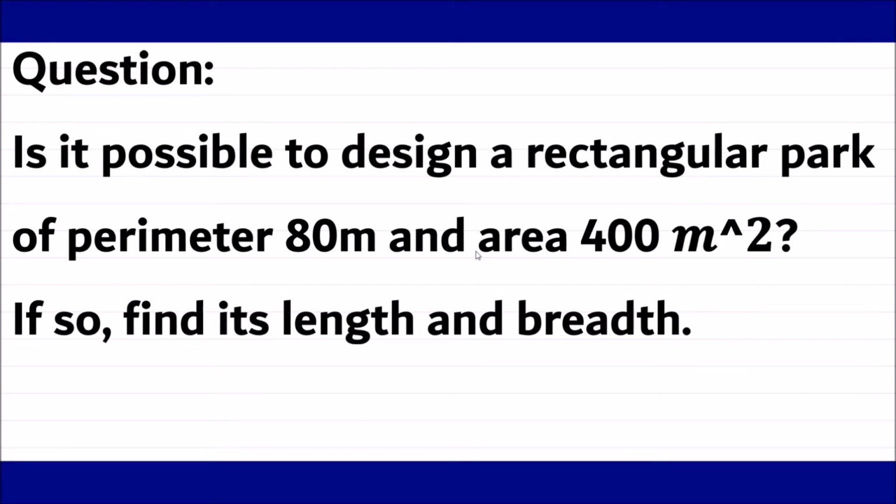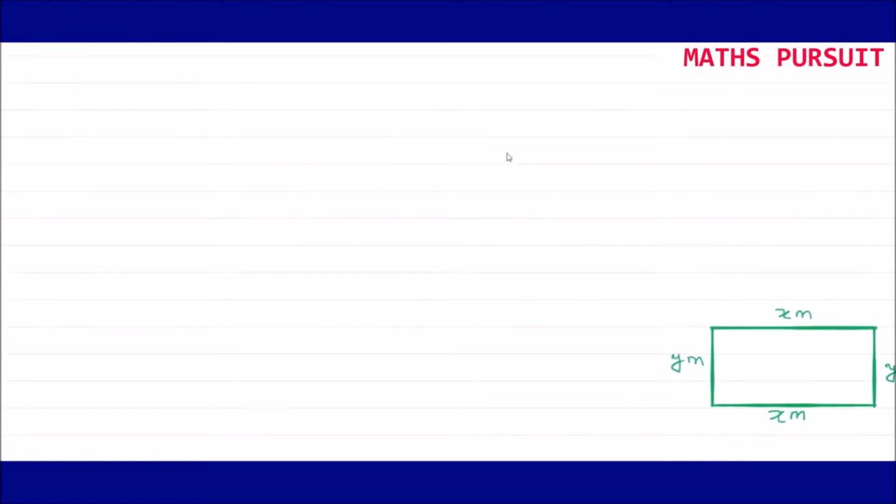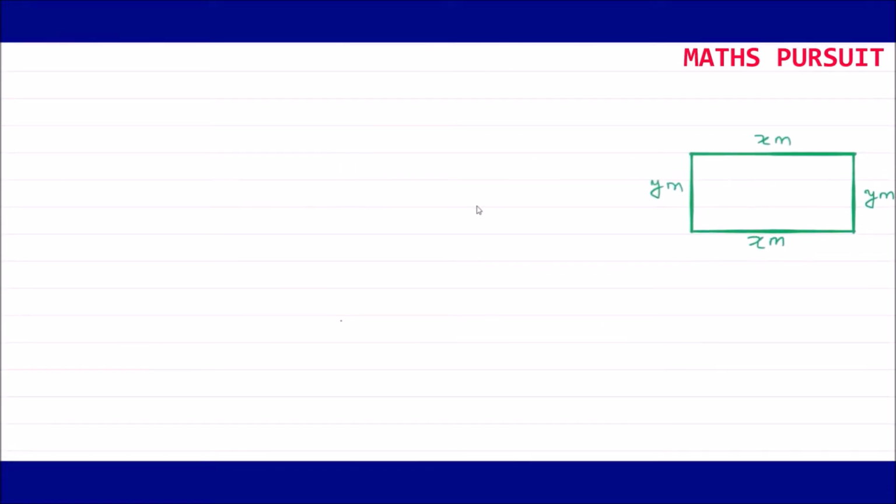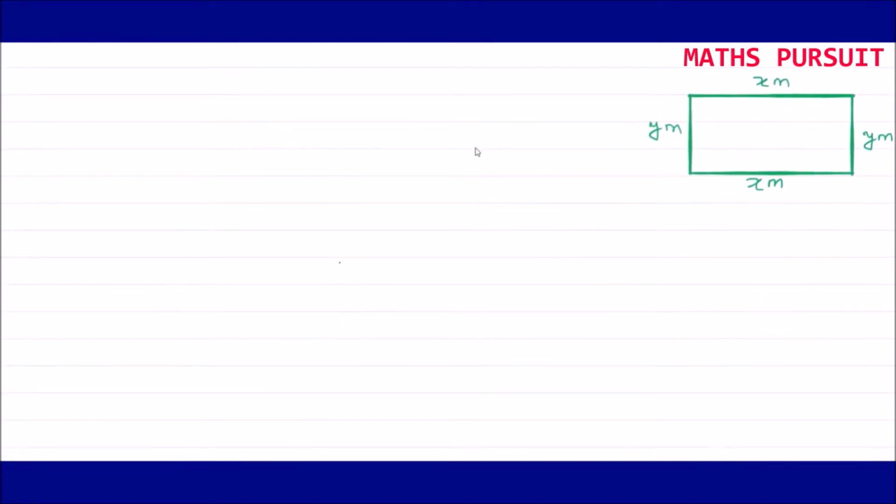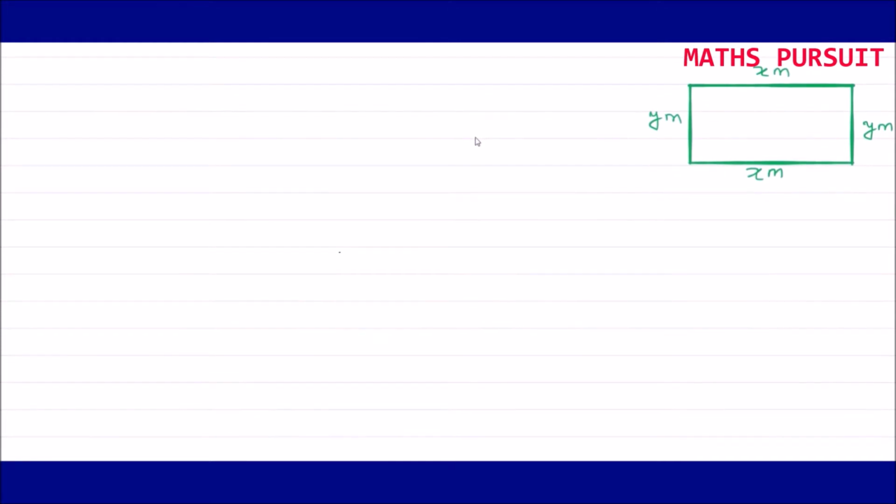For that purpose, let us draw a rectangular park or a rectangle, because the question is talking about a rectangular park. So I have drawn a rectangle, which would be easy for us to make our calculations.